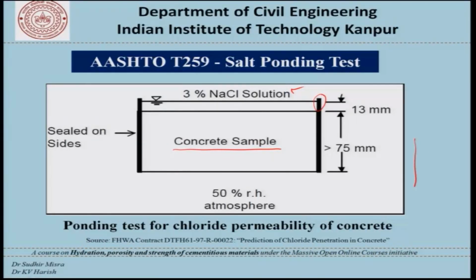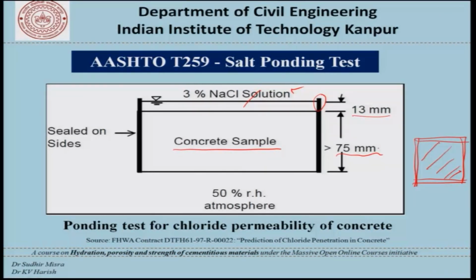It is like a slab of concrete with dikes on the surface being flooded with a 3% sodium chloride solution about 13 millimeters or half an inch deep, and this concrete sample should be more than about say 75 millimeters thick and allowed to stand. Obviously, the environmental conditions in which this test is to be carried out have to be very carefully laid down as well as followed.